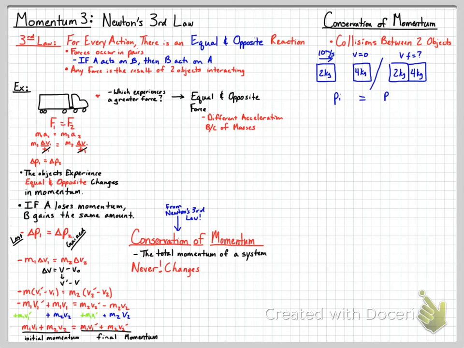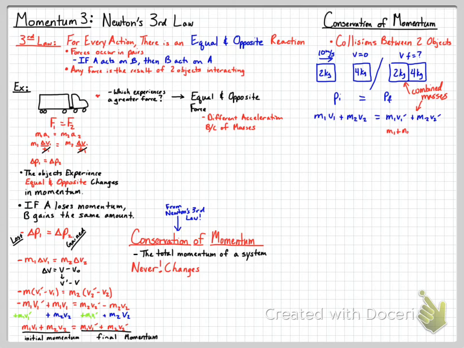So we have our momentum before the collision, and then we have our momentum after. So we have initial and final. m1 v1 plus m2 v2 is going to equal m1 v1 prime plus m2 v2 prime. Now, in this particular situation, we have to combine the masses of the two objects.